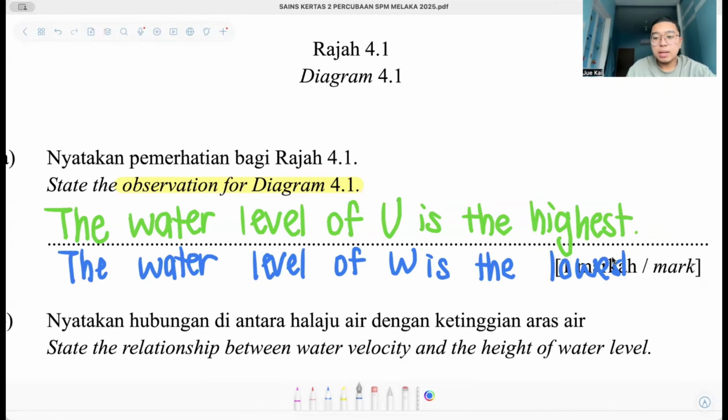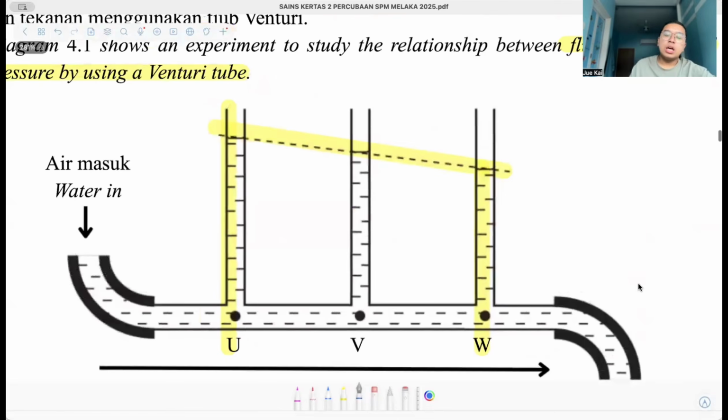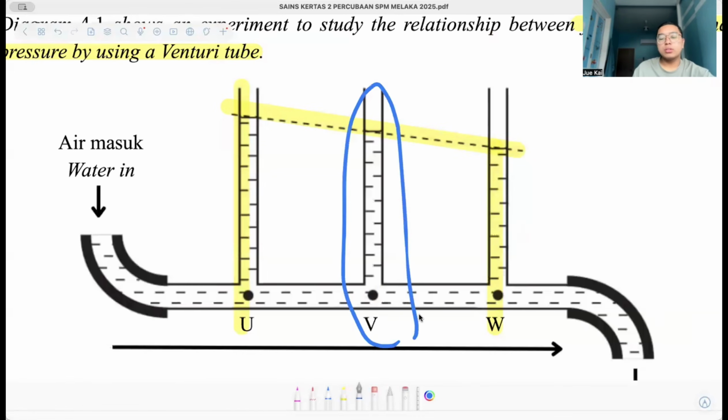Okay guys, sometimes I receive stupid questions. Can I take V? Can I take the middle one? I tell you, don't take the not obvious one. V is at the middle, not the highest, not the lowest. Why waste time? Just choose the highest and the lowest one.